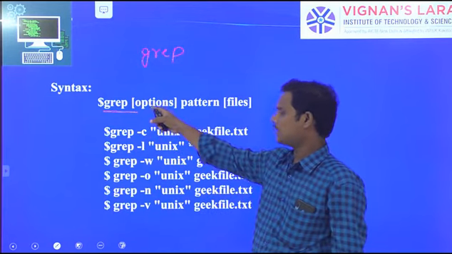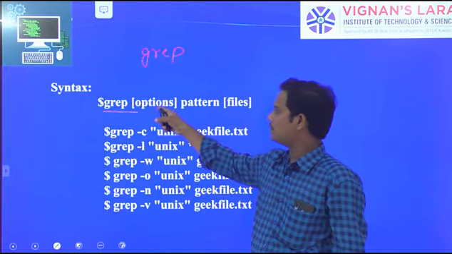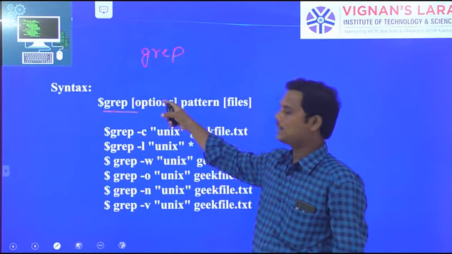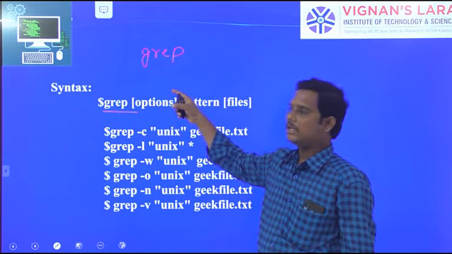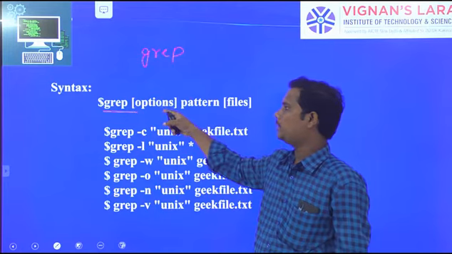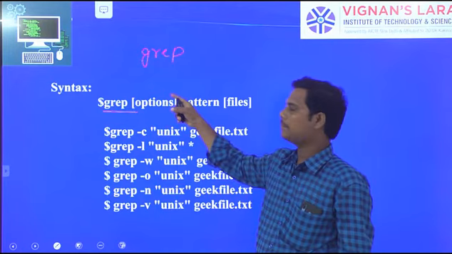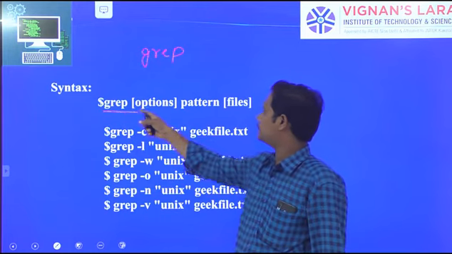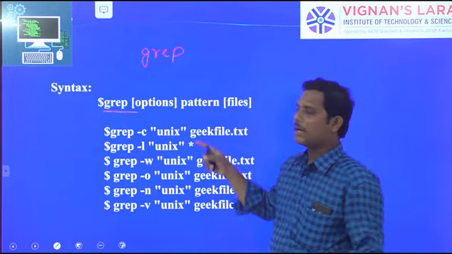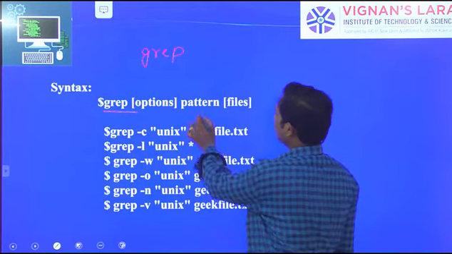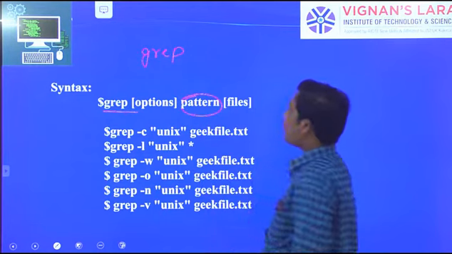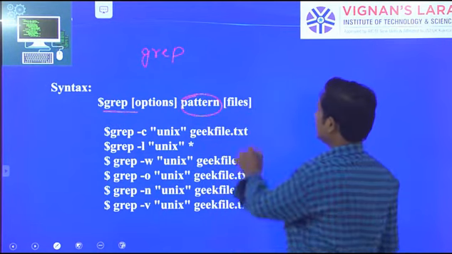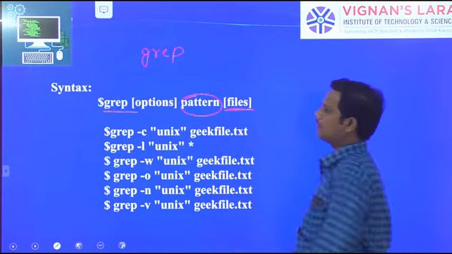If there is an option, we will write the option: option C, option L, option O, option W, the caret symbol. Then grep space pattern. Whatever pattern you want to search, write in this place, then the file you want to search, that input file you are giving.